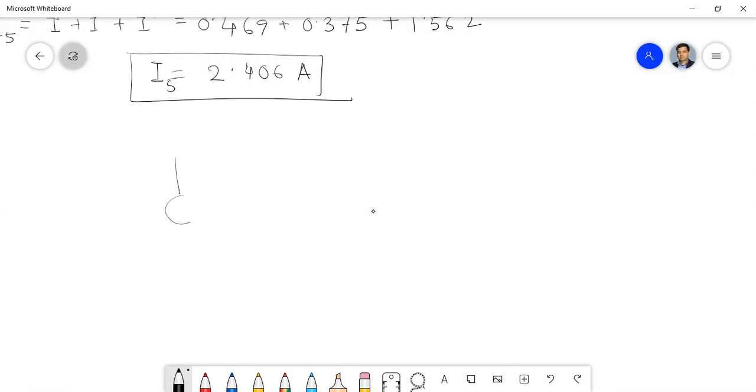So the next circuit which I will take, these are all arbitrary circuits. I also don't have its actual answer. If at any point you think the answer is wrong, you can challenge.